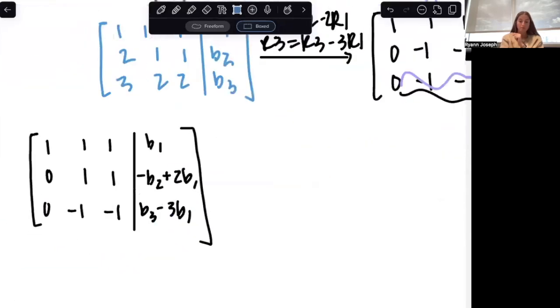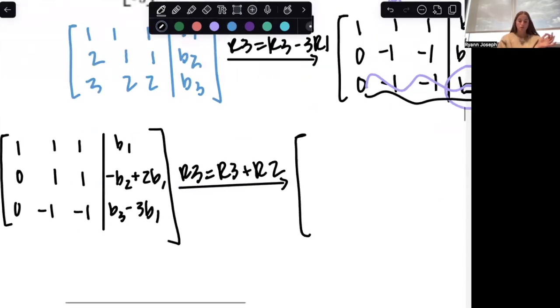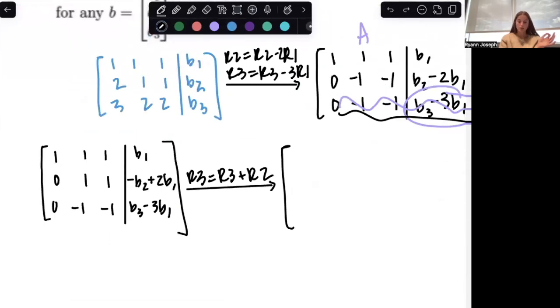Okay, now that I've done that, next thing I want to do is get rid of my row 3, because I can now use those leading 1s to get rid of some stuff. So row 3 is equal to row 3 plus row 2. Doing that is going to make negative 1s both go to 0. Row 1 and row 2 don't change, so I'm going to write those first. B1, 0, 1, 1.